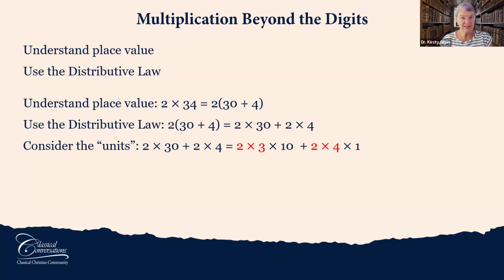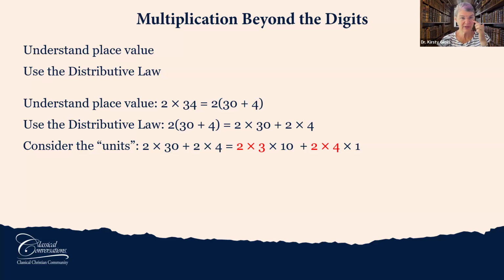This is not how I suggest that you have your children multiply all the time. But I want to show you as parents this underpinning of multiplication. What is actually happening, even though we hide it in different arrangements, this is what's actually happening, so that you can be convinced that all you need are 0 times 0 through 9 times 9 and the distributive law, and you can multiply anything.